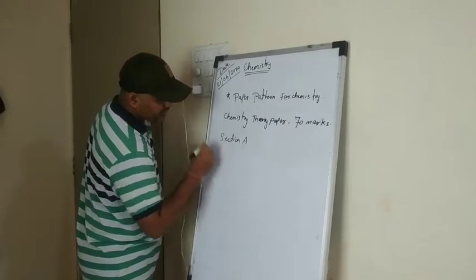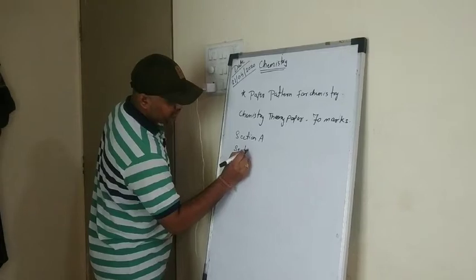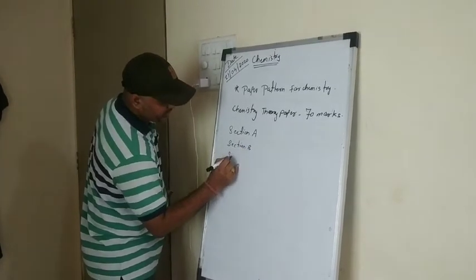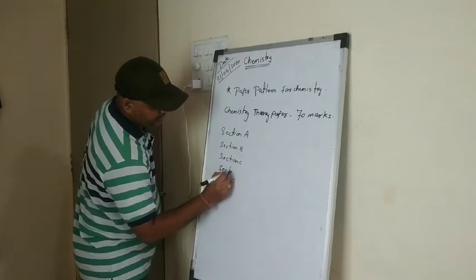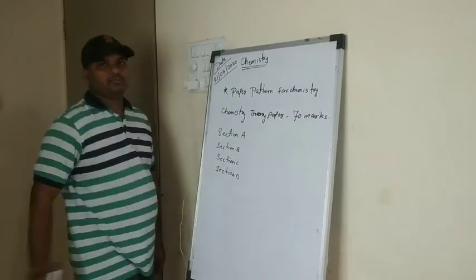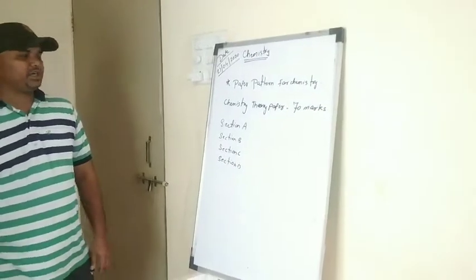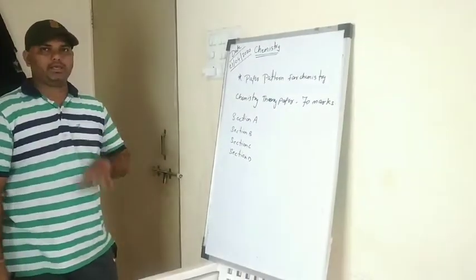Section A, Section B, Section C, and Section D. So we have 4 sections: Section A, Section B, Section C, and Section D.